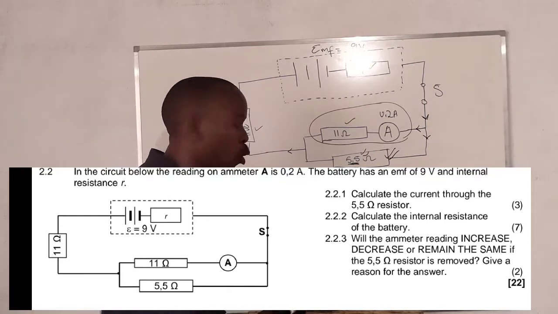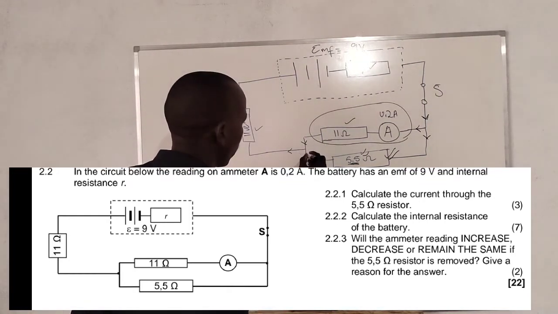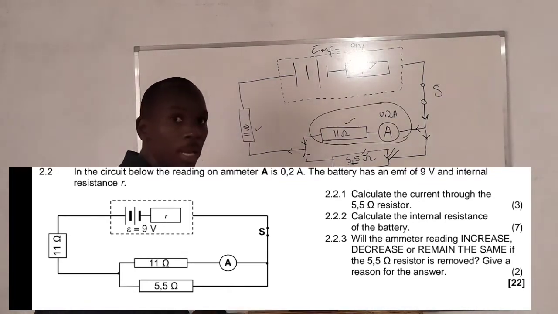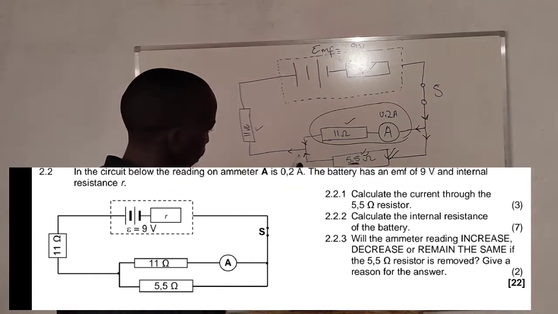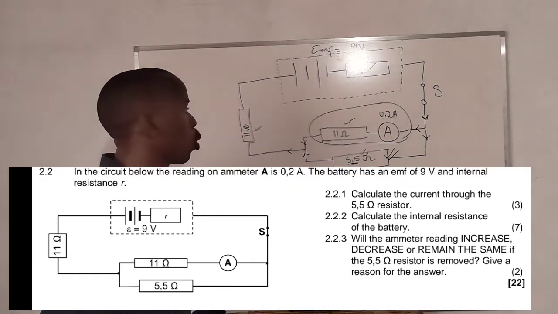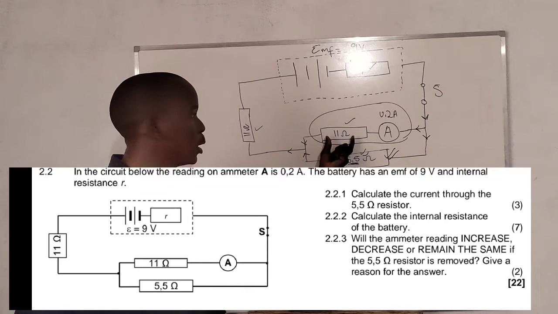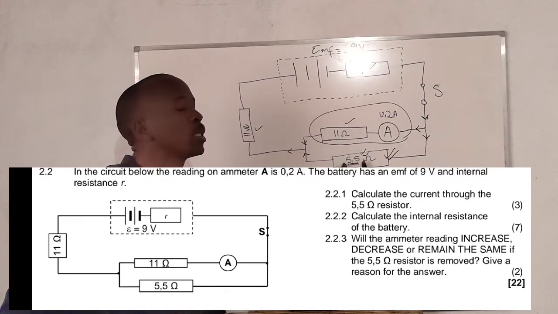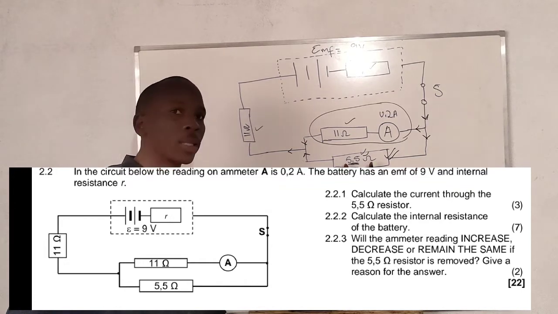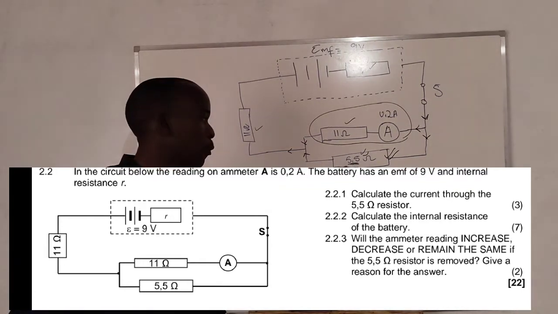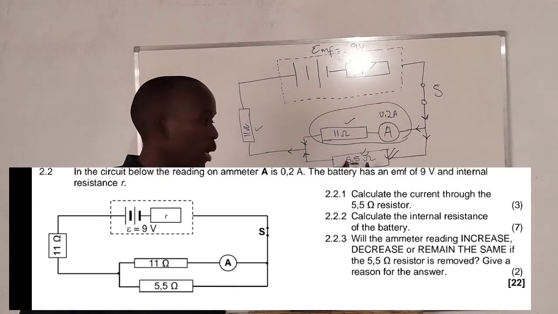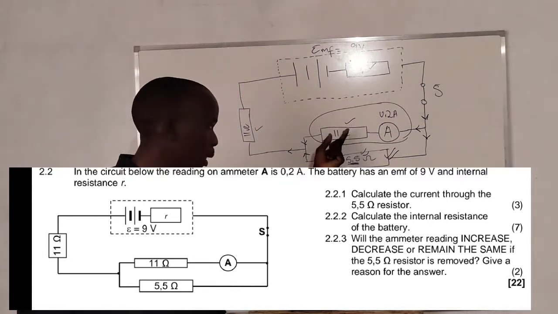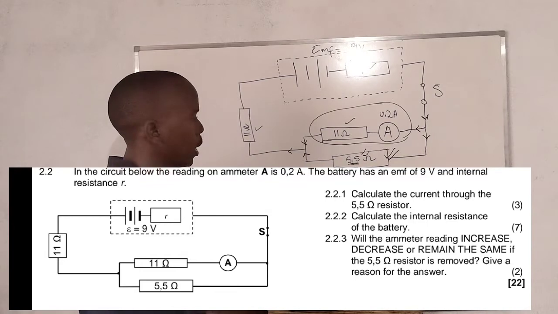So whenever there is only one path, this is where the current meets. So remember, the voltage used to overcome the resistance of this resistor is the same as the voltage used to overcome the resistance of this resistor. The voltage is the same for both resistors.